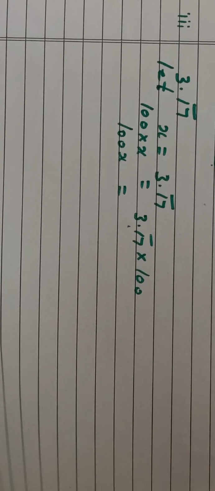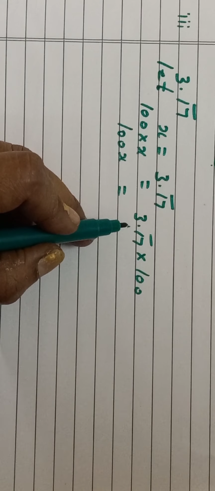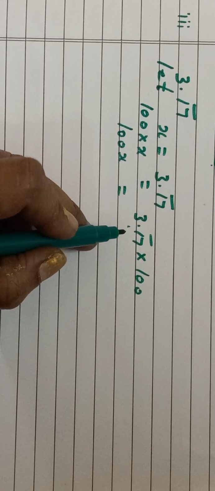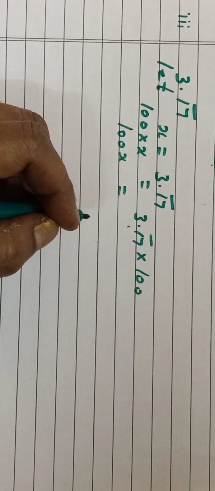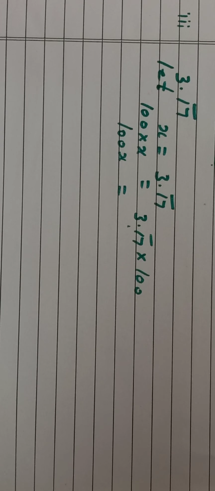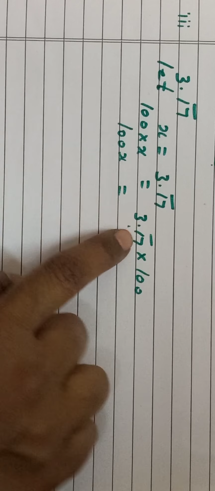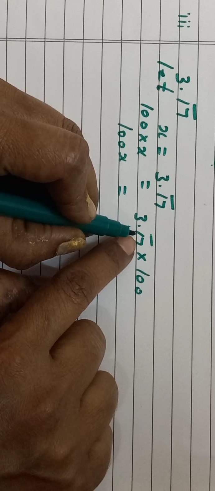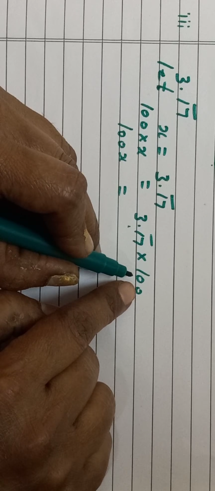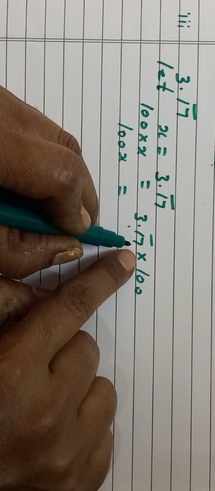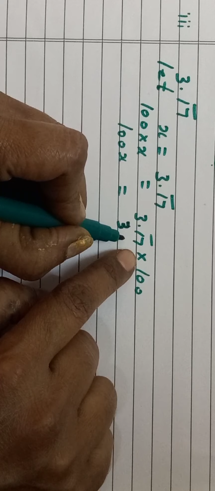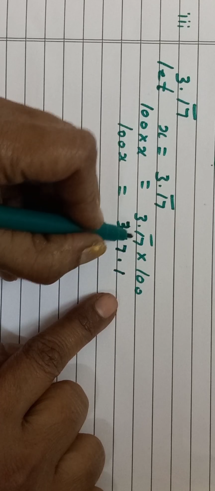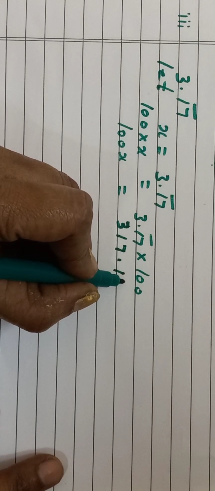So 100x is equal to, now this you will know, 3 point. The decimal point will shift by 2 digits to the right, because 100 has 2 zeros. I hope you know what is left and what is right. So you will get 317 point, because 171717 has no end, so you can put it like this.